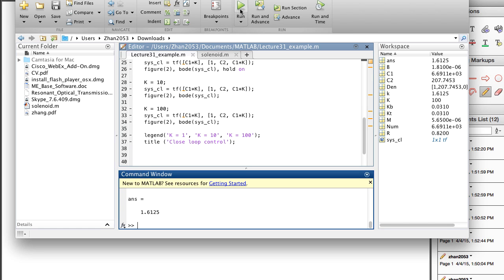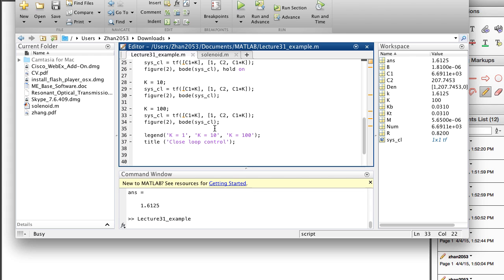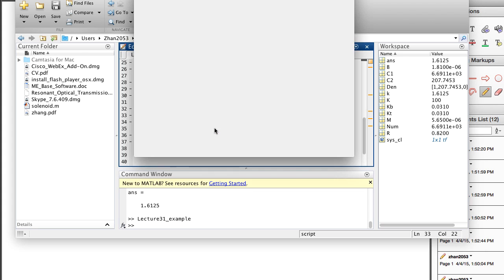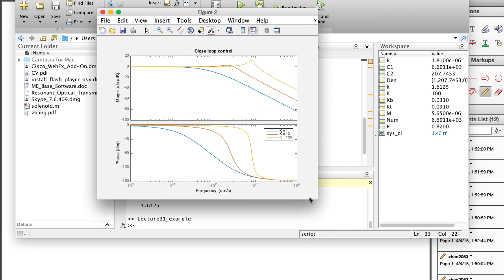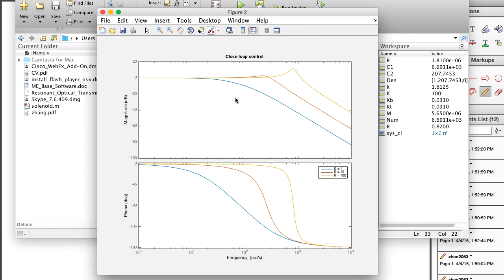If you run this code, you'll see three different Bode plots. This blue one is the one with K equal 1, and this orange, or yellow, one is about K equal 100.